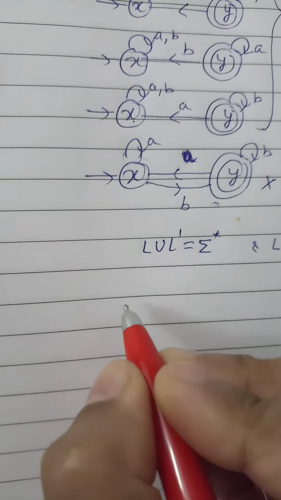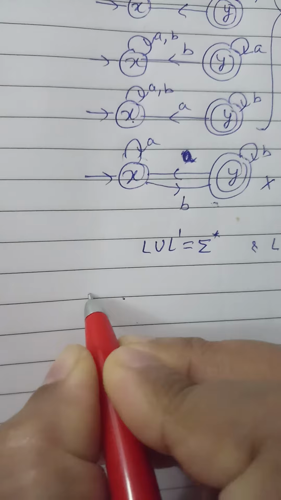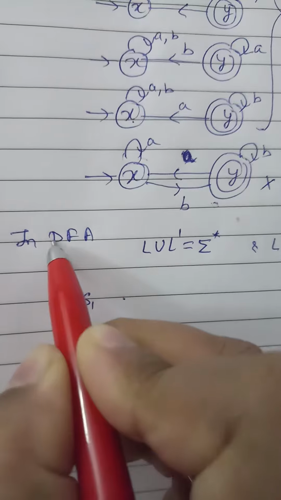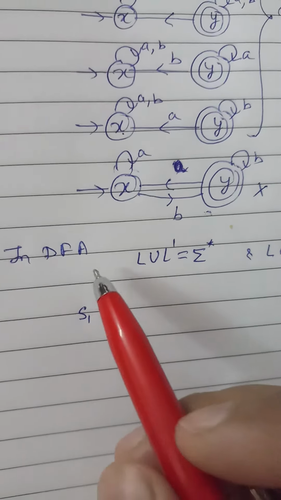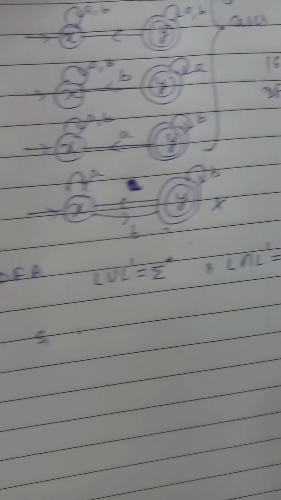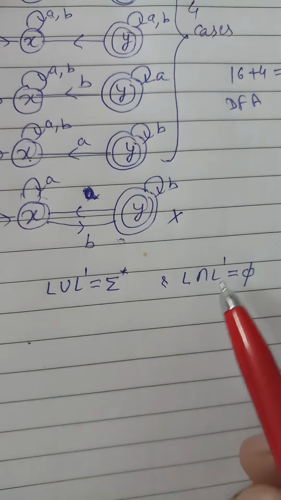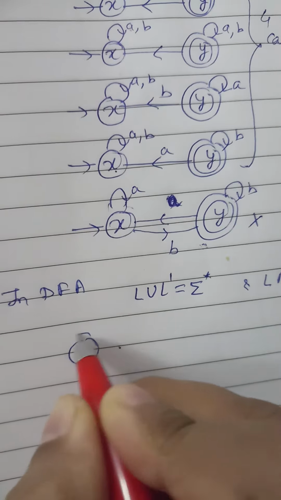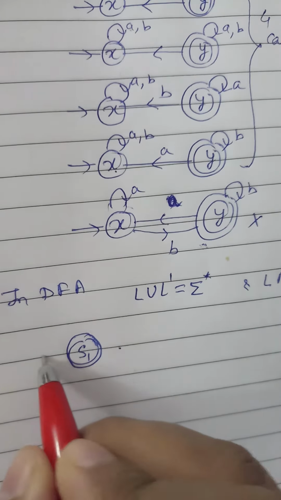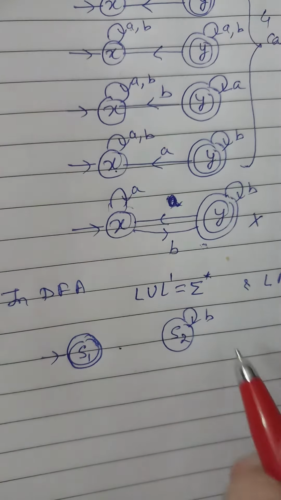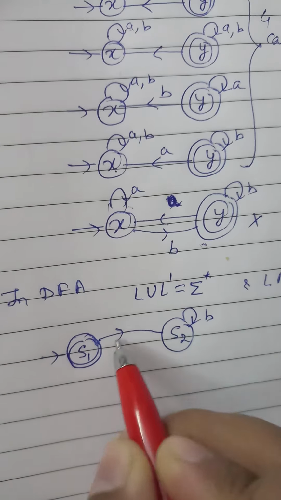In a DFA, deterministic finite automata, L union L complement equals alphabet star, and L intersection L complement equals phi. Suppose we have this DFA with S1 as initial and final both, and we have an S2 state, and this is a transition we have.